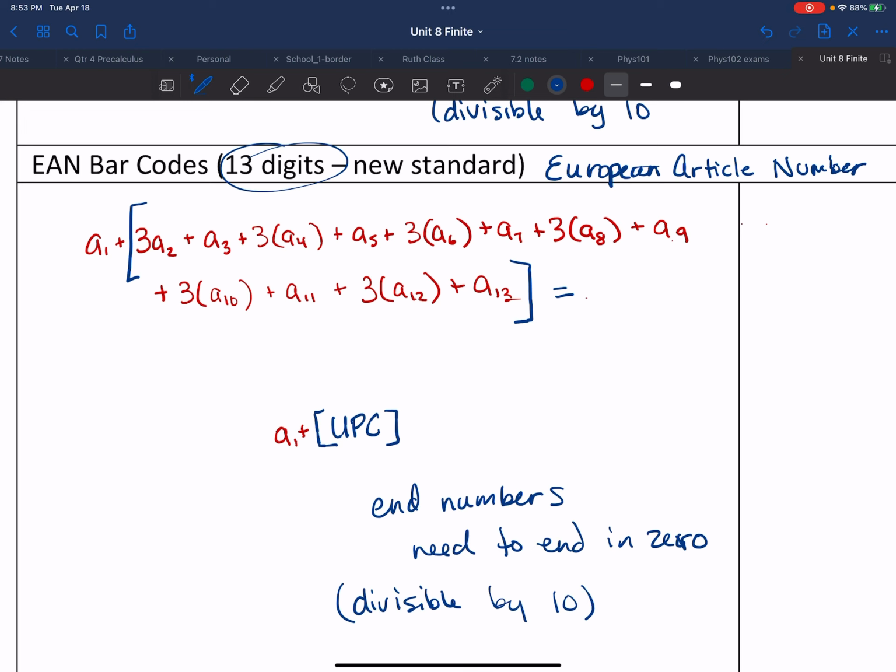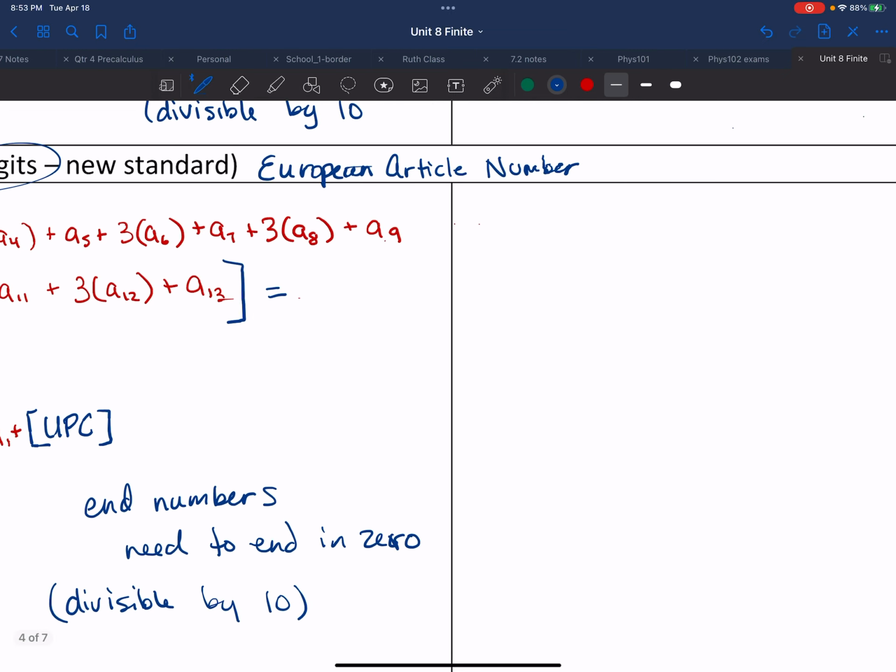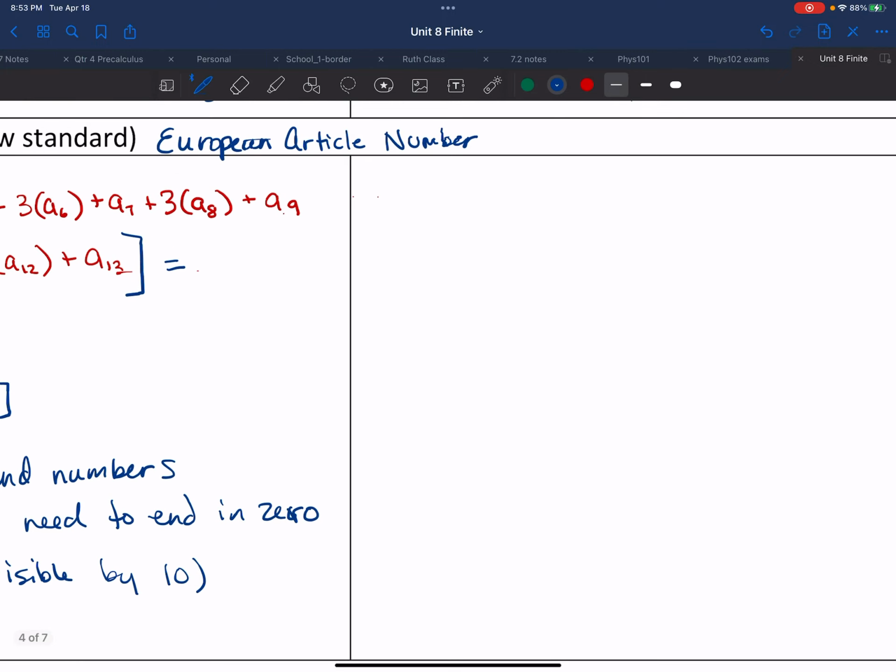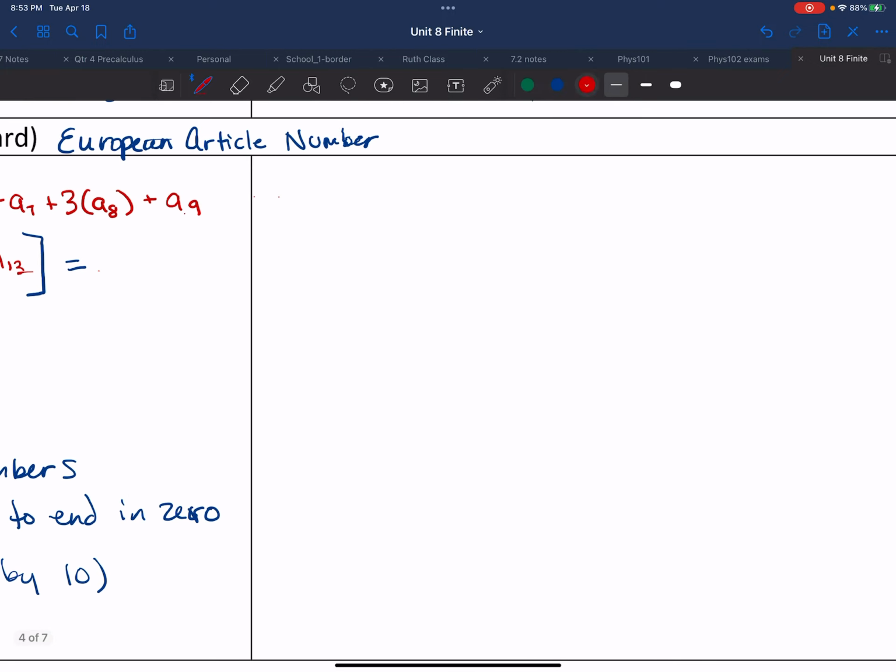All right, so let's take a look at an example. We'll just do one example on this one. So let's say we have, let's do a number. We've got 1, 6, 4, 0, 0, 0, 2, 2, 0, 2, 0, 3, 4.